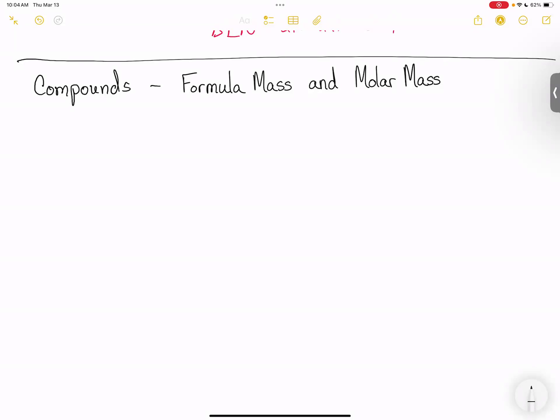Another thing that we learned about the isotopes is that the average atomic masses found on the periodic table are a weighted average of all naturally occurring isotopes of an element.